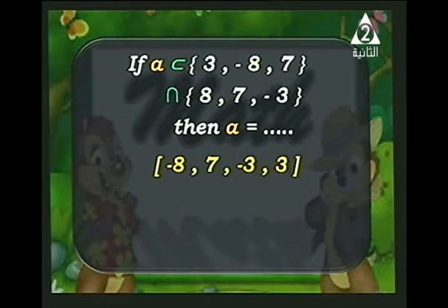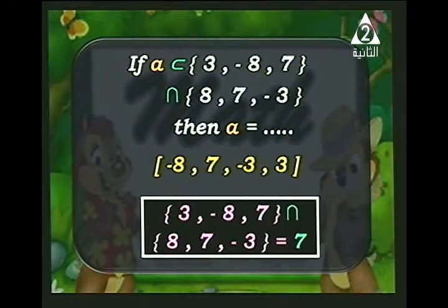First of all, what's the intersection between these two sets, {3, negative 8, 7} and {8, 7, negative 3}? Intersection means the common elements between the two sets. What about the common elements? It is only the 7. So as A is a subset of it, then A must be equal, that's correct, to 7. So A equals 7.